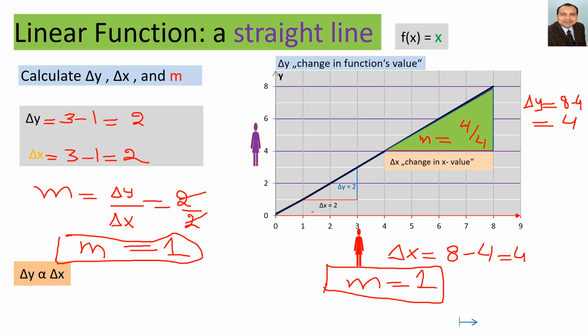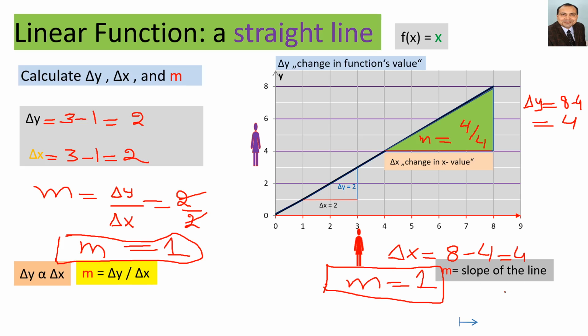As the value of x changes, the value of y changes. x is 1, y is 1; x is 3, y is 3. m is delta y over delta x, the difference of y values divided by the difference in x values.